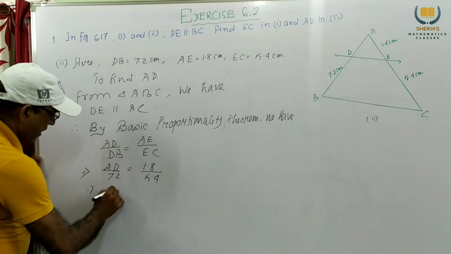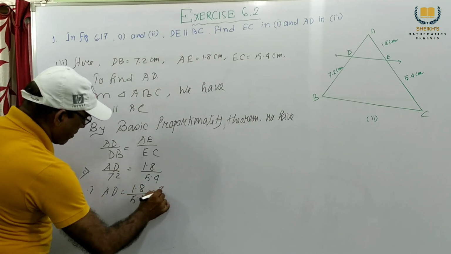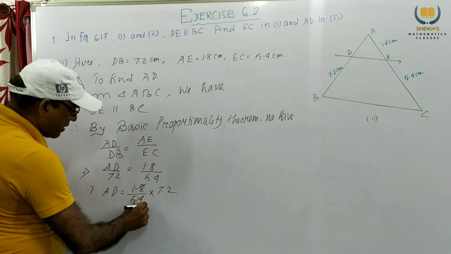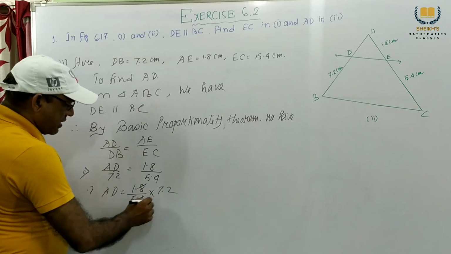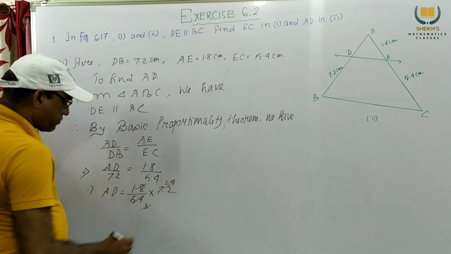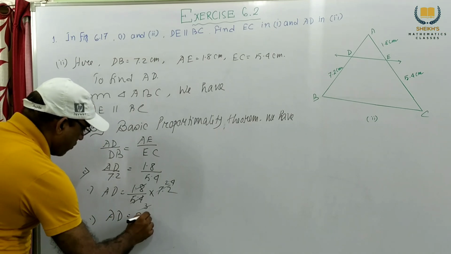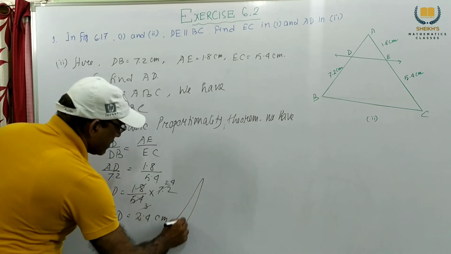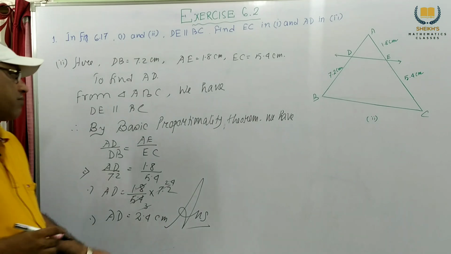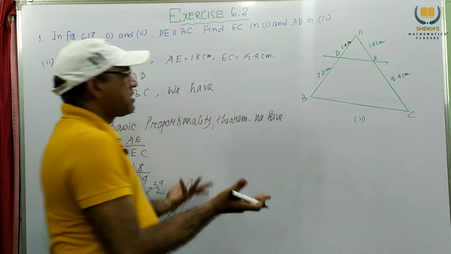So AD equal to 1.8 by 5.4 into 7.2. Cancelling, we get 3, and then 2.4. So AD equal to 2.4 cm. This is our answer, 2.4 cm. This is the solution, a very easy solution.